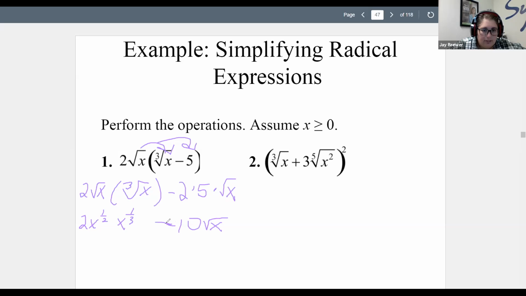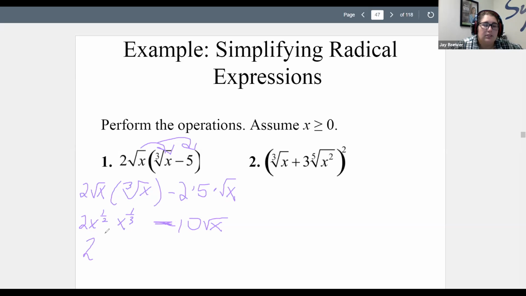Well, x and x are the same base, right? Which means we can bring those together. So to bring those two fractions together, we're going to add them. So that means we have to have the same denominator. Well, with 2 and 3, what's your GCF?